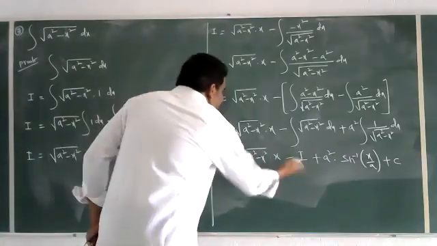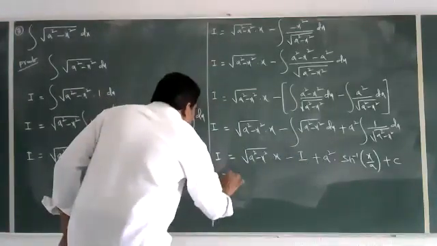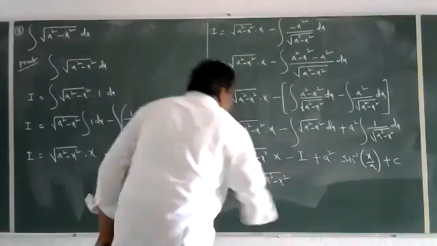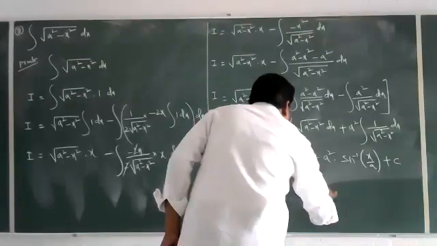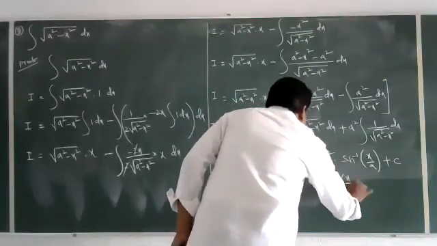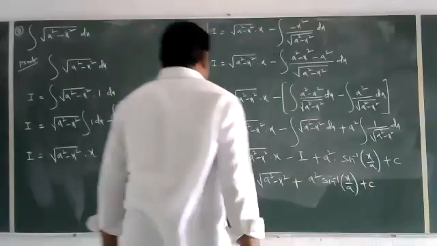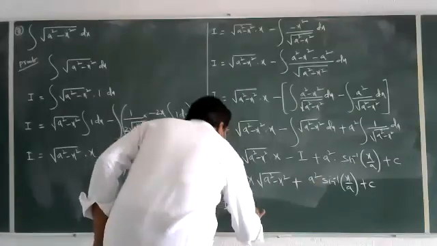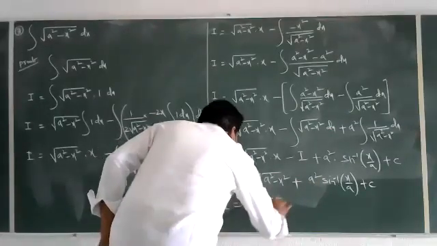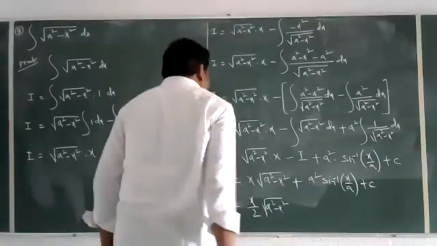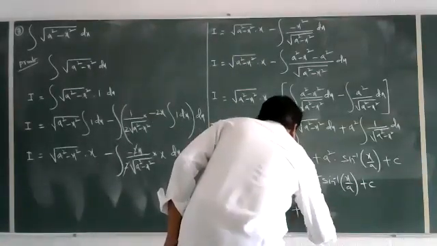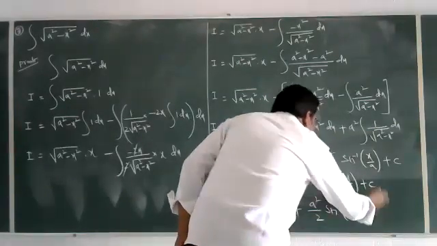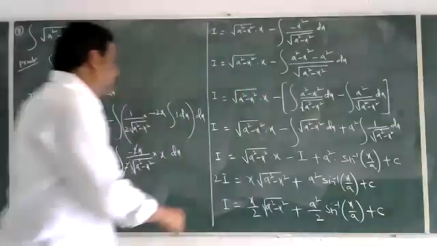You bring minus I to this side, I plus I, you get 2I is equal to x into root of a square minus x square plus a square into sin inverse x by a plus c. That is, dividing by 2, I is equal to x by 2 into root of a square minus x square plus a square by 2 into sin inverse of x by a plus c by 2, which is again c, an arbitrary constant.